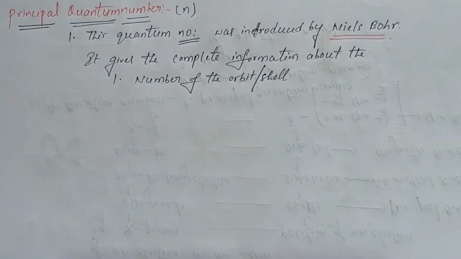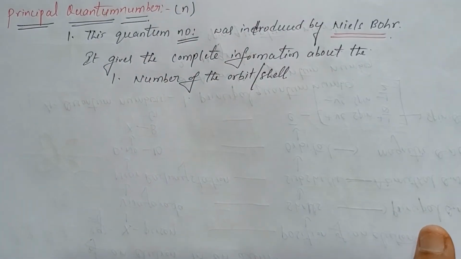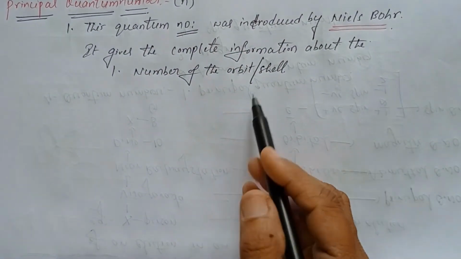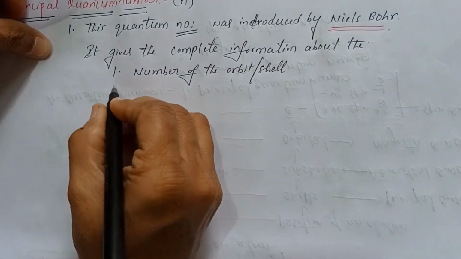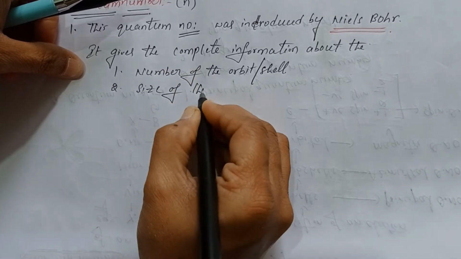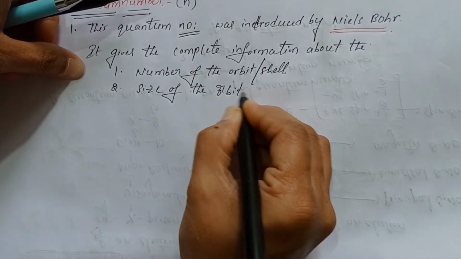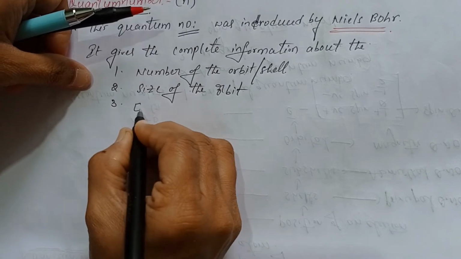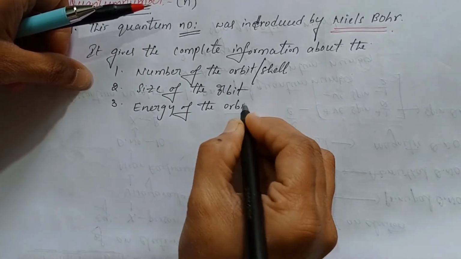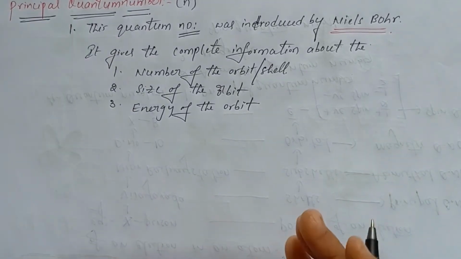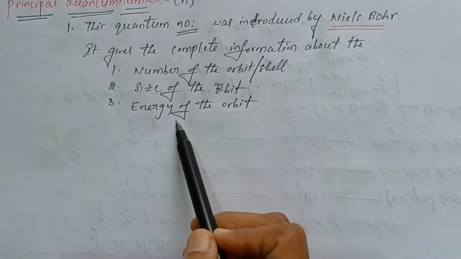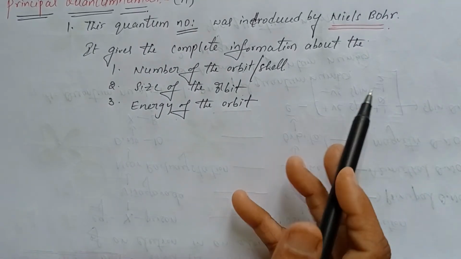Already I told you principal quantum number gives the information about the shell number. And also it is discussing the size of the orbit, size of the shell. And third one, energy of the orbit. Clear this one?